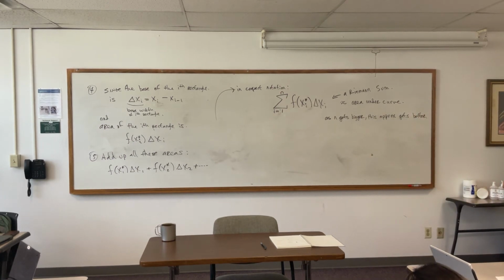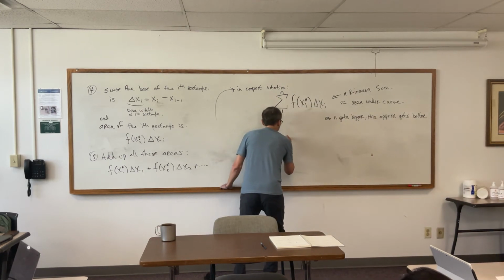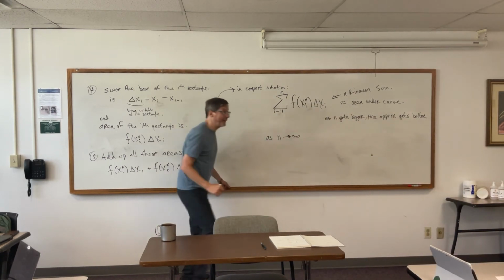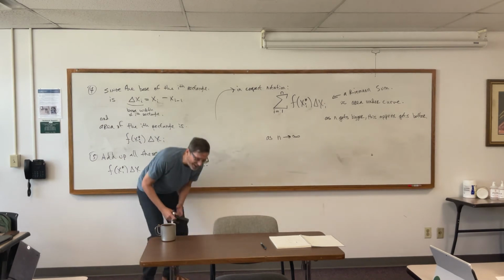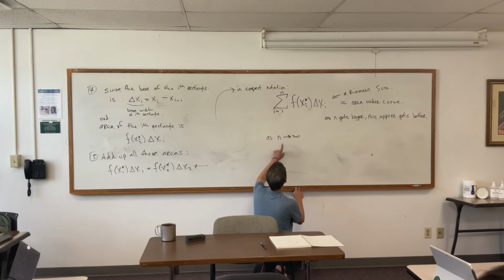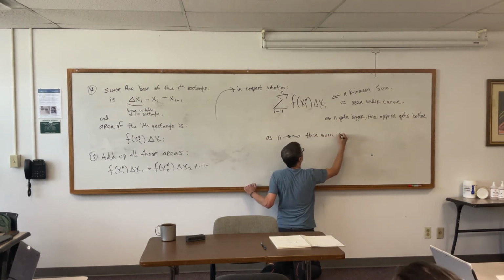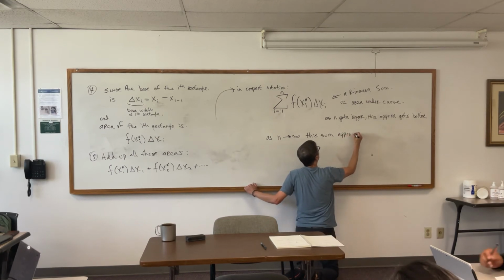If I just let n become infinite, I get the precise answer. So as n goes to infinity, there we go, there's infinity. It has to show up in a calculus class. As n goes to infinity, this sum approaches the true area.